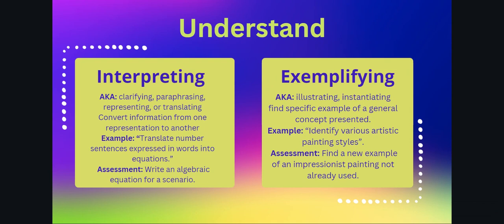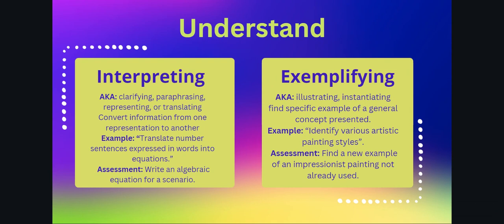If we look at understand, the cognitive processes include interpreting, exemplifying, classifying, summarizing, inferring, comparing, and explaining. Learners are able to call upon their past knowledge base and make connections to the new knowledge being gained. As instructors, the impetus is to create objectives that require learners to use these higher cognitive processes.